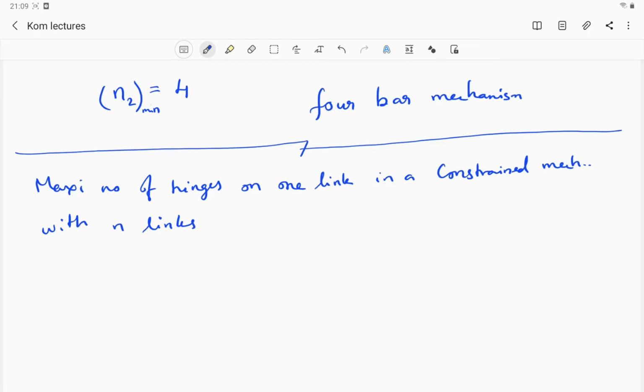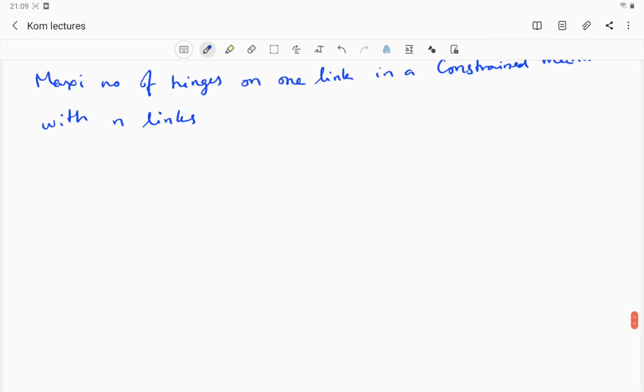How to check for the constraint mechanism? We have to use the Grubler criterion: 2j minus 3n plus 4 should be equal to 0, and we need to see whether this is satisfied. Now we know n, which is 2i minus 1. What about j, the number of hinges?